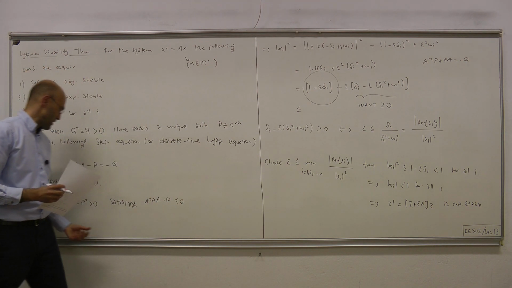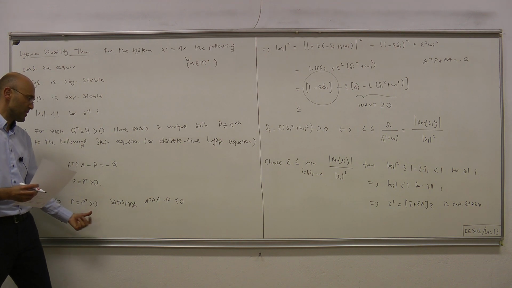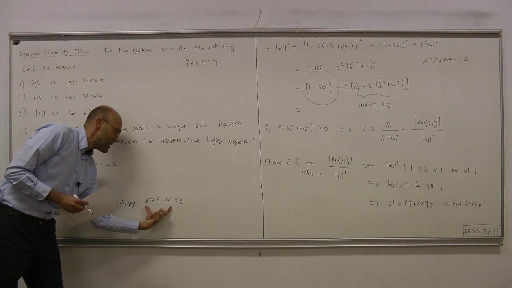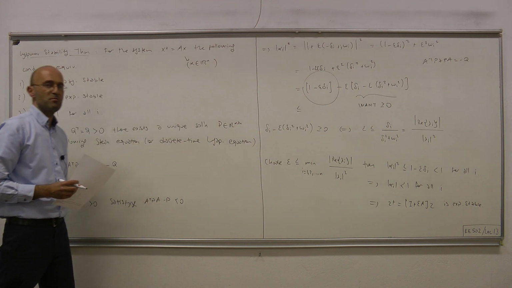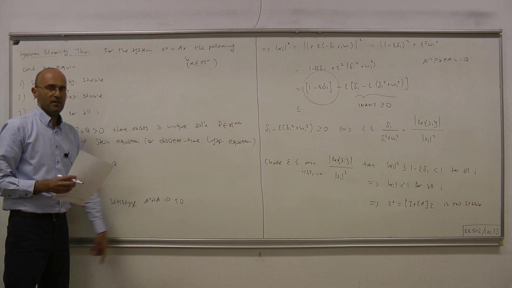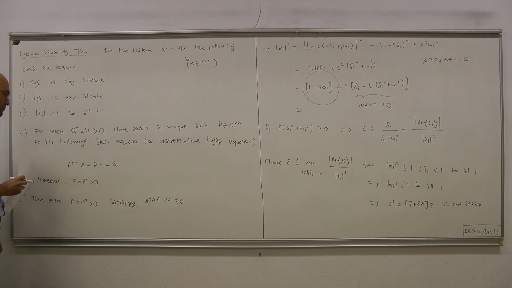So this means that we can find a P symmetric positive definite such that this n by n matrix, A transpose P A minus P, is a negative definite matrix. Okay.